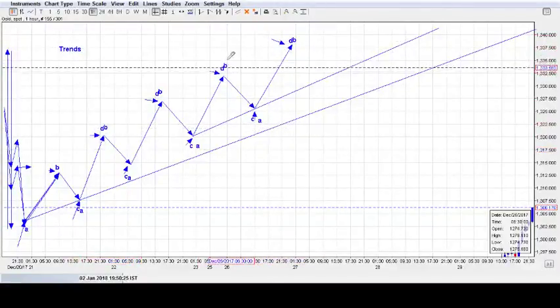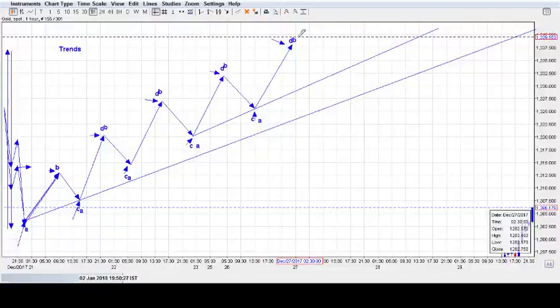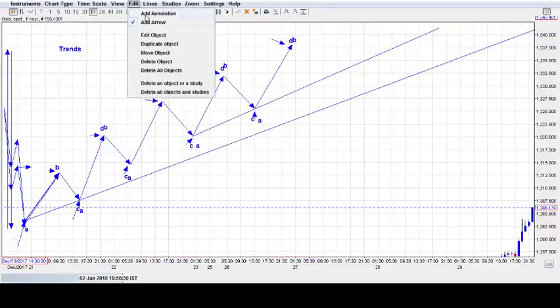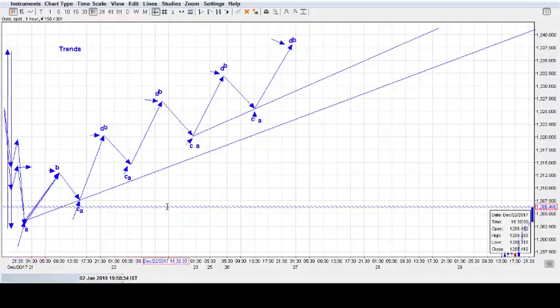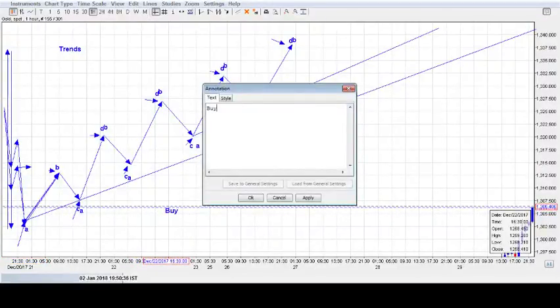It could be this DB or maybe that DB or maybe that DB. But the generalized trading style would be, we would have bought at CA and would have sold at DB.